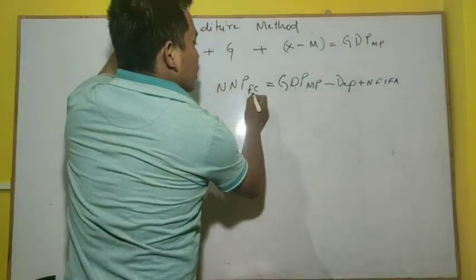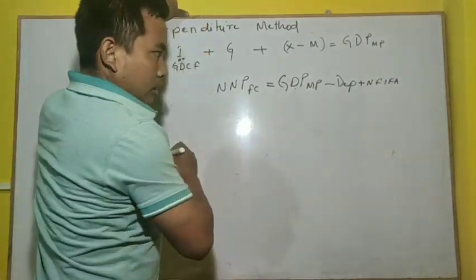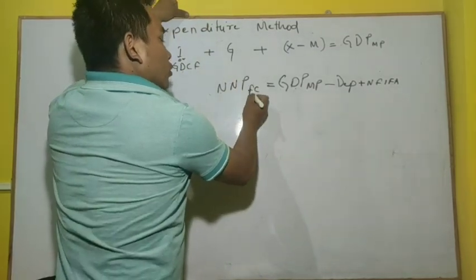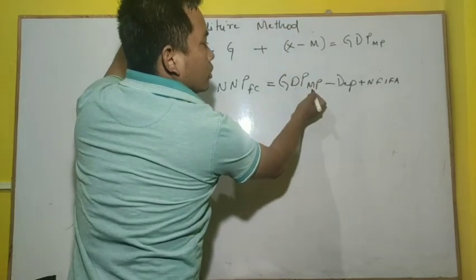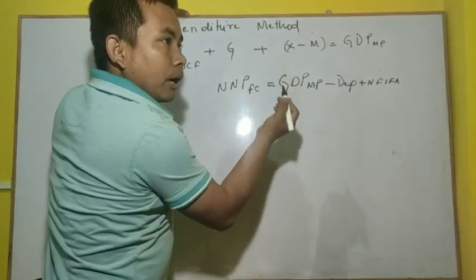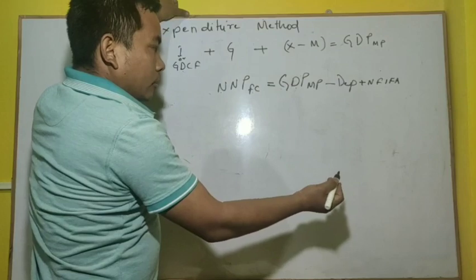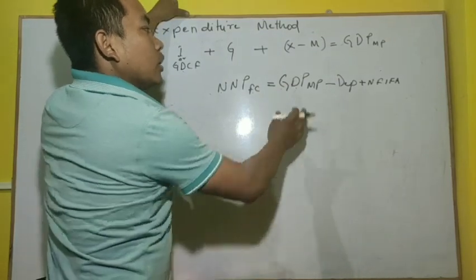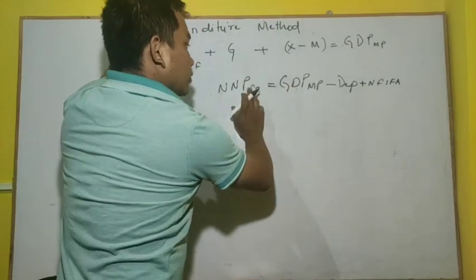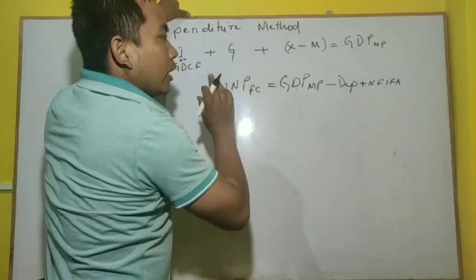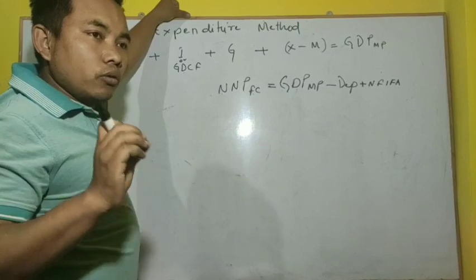Lastly, the difference here is factor cost and market price. Now, these factor costs need to be found out, but what we get in our calculation right now is the market price. So in order to convert market price into factor cost, we have to find the difference between market price and factor cost. The market price and the factor cost are different in the matter of net indirect tax only.